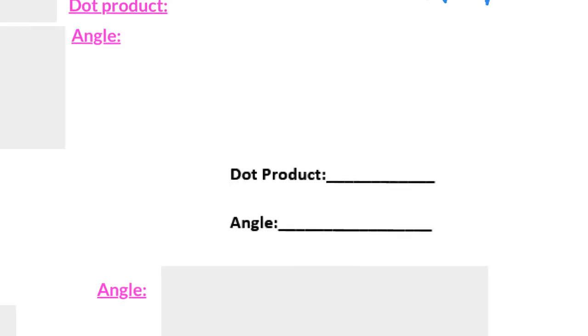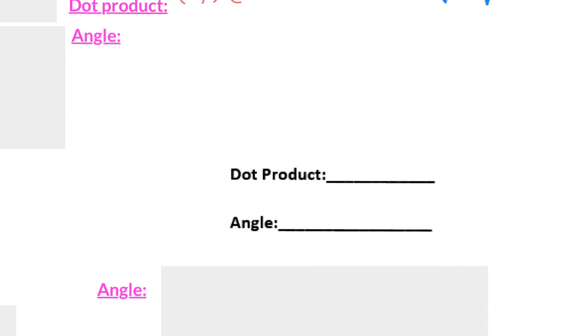It says calculate the dot product for each pair of vectors below and then find the angle between each vector. So we're going to do part B together, and then I want you guys to do parts A and C. Okay, part B, we have the vector -2i plus 4j. Well, what that really means is these are your unit vectors. So this is <-2, 4>.